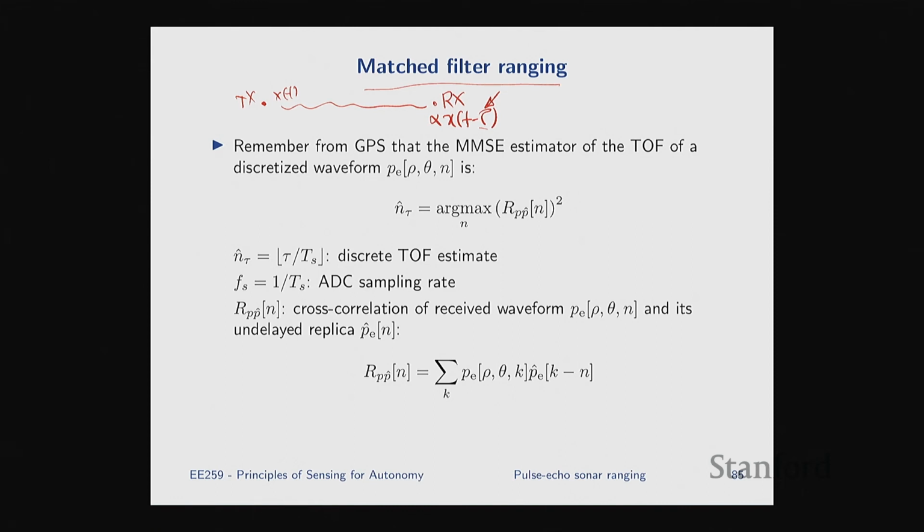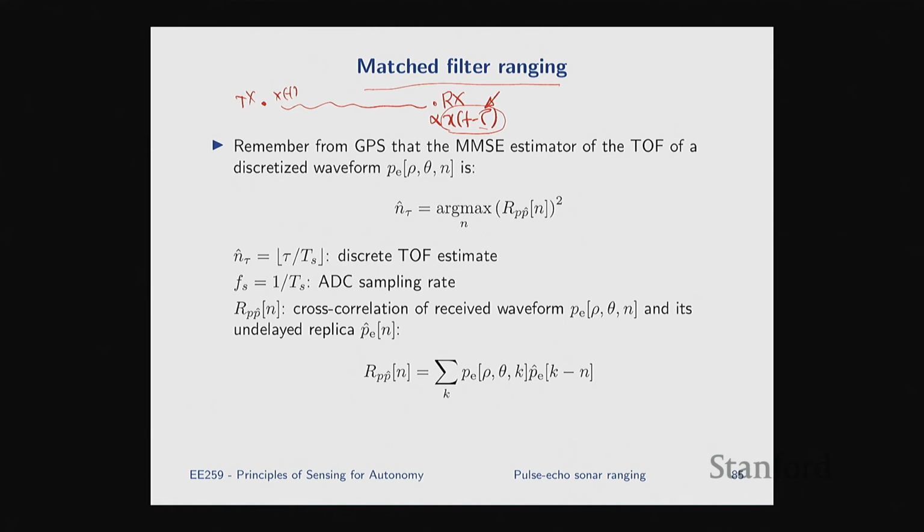What a matched filter does is take the correlation of your received waveform with a copy of the transmitted waveform. You evaluate the correlation, you find the peak, and where that peak happens is your minimum mean squared error estimate of the time of flight delay.